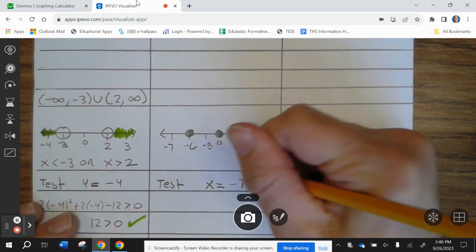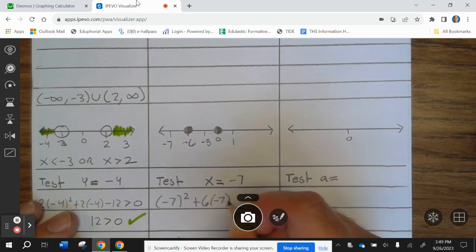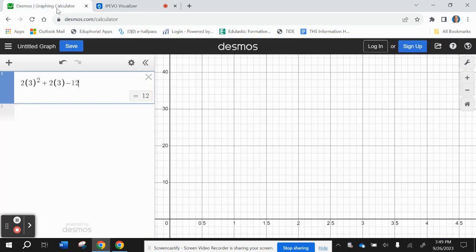So let's test x equals negative 7. So negative 7 squared plus 6 times negative 7 less than or equal to 0. Okay, so let's put that in Desmos. So negative 7 squared plus 6 times negative 7 is 7.